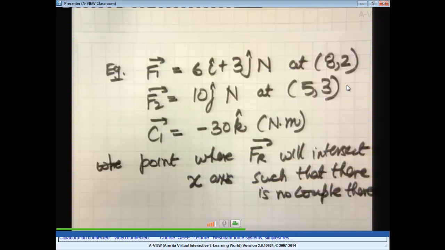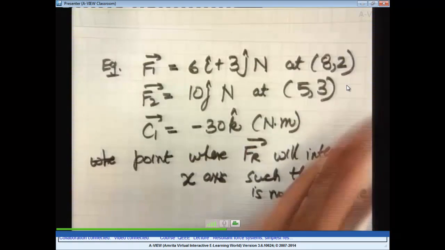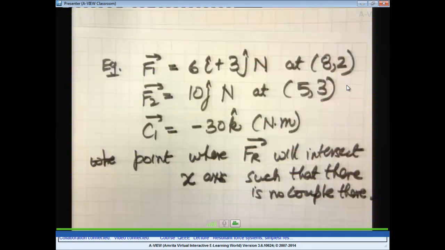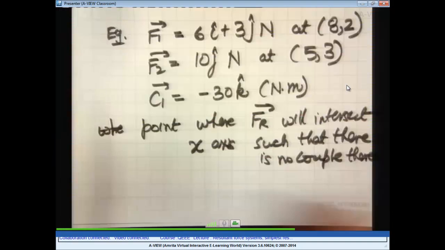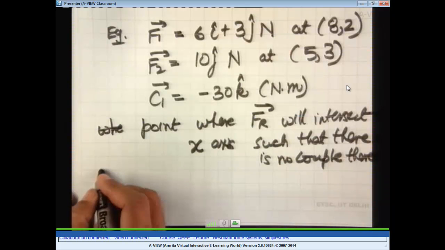So to do this, we have a resultant Fr, we know it will pass through a particular line, so we want to find out where it will intersect the x-axis. So to do this, I'll just write on this only.